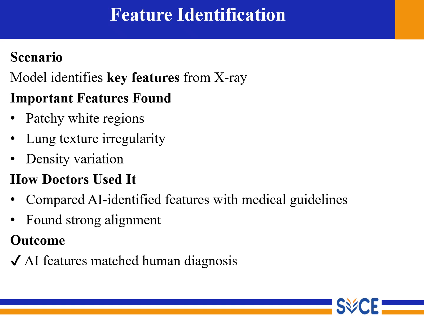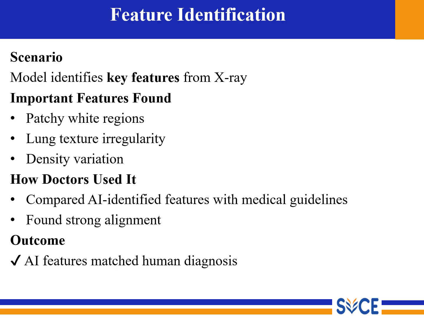Now let us understand what features the AI identifies. The model detects patchy white regions, texture irregularity, density changes. Doctors compare these with medical guidelines. Result: the AI features match the human diagnosis.